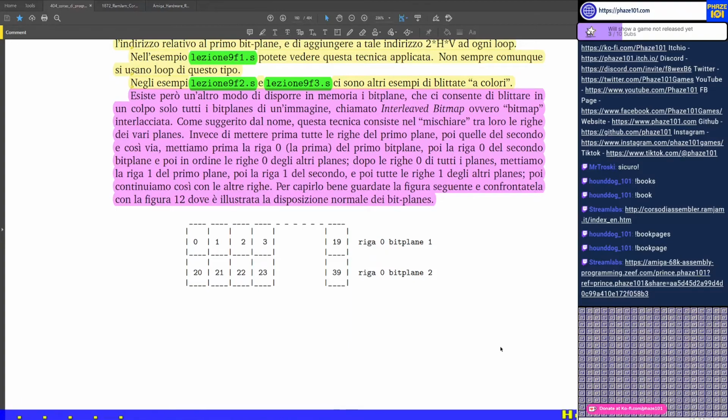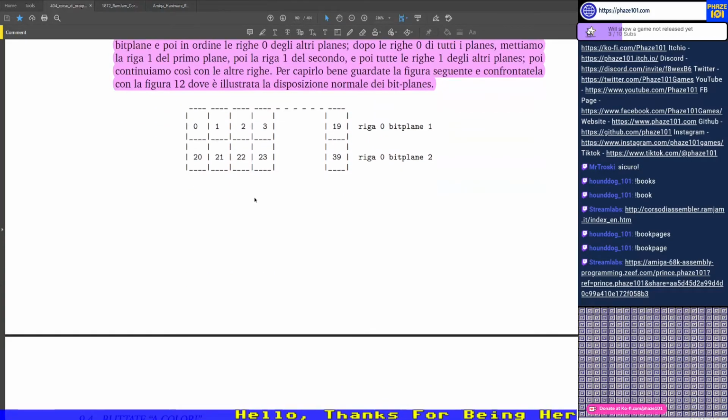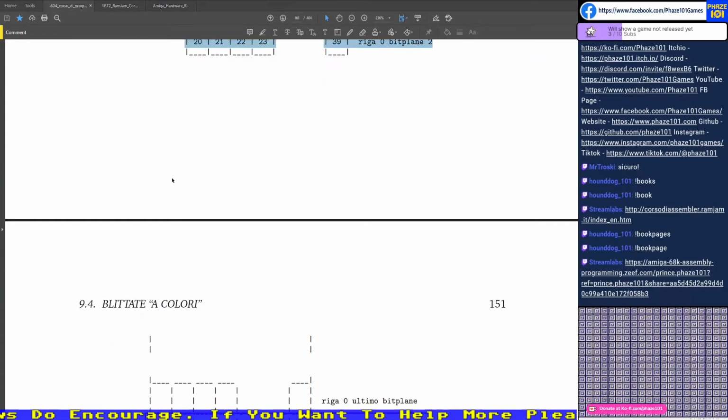But that is what an interleaved bitmap is, and I'm going to show you what Fabio drew. He's showing the first line of bit plane 1, then the first line of bit plane 2, and notice they are consecutive. So if bit plane 1 finishes at word 19, then word 20 is where bit plane 2 starts for line 0.